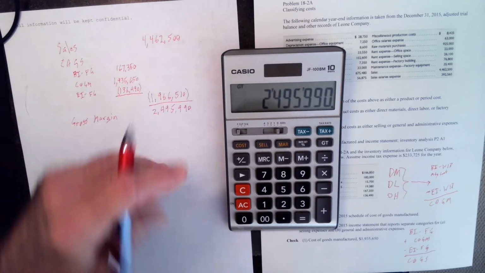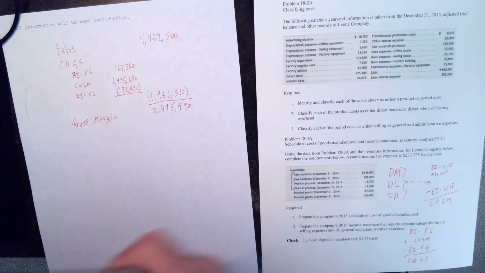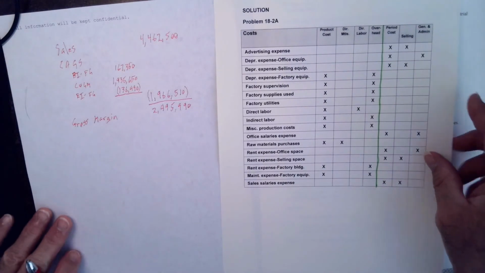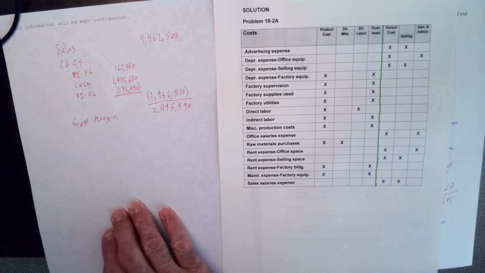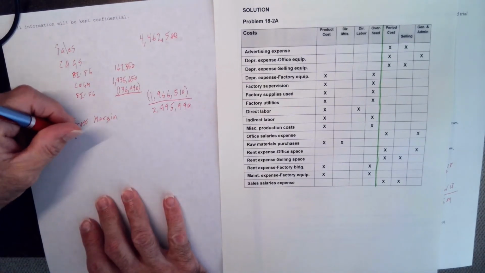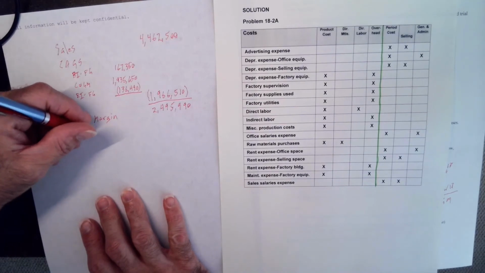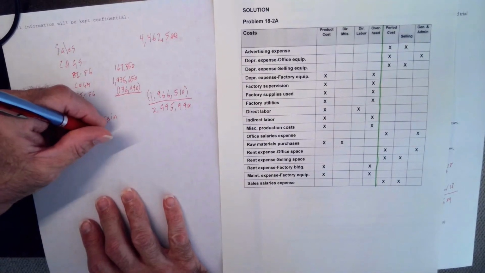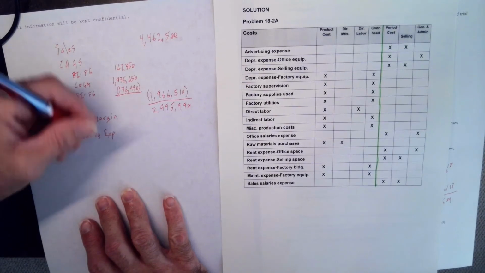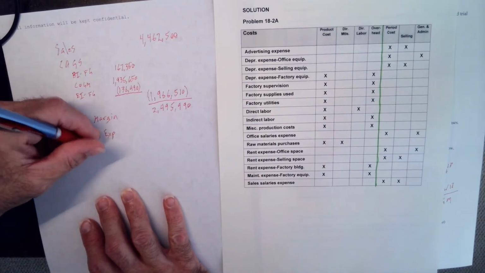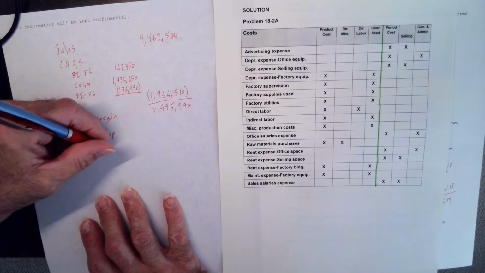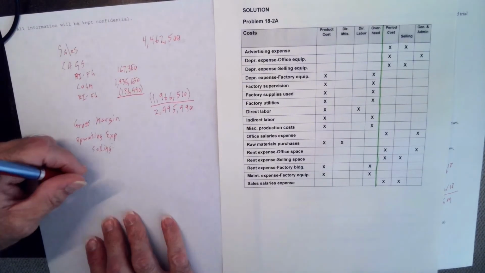That's my gross margin. And then I'm going to subtract from that all of my operating expenses. And again, I refer back to this schedule. So I'm going to start with my operating expenses. And I'm going to break it out between selling and administrative.